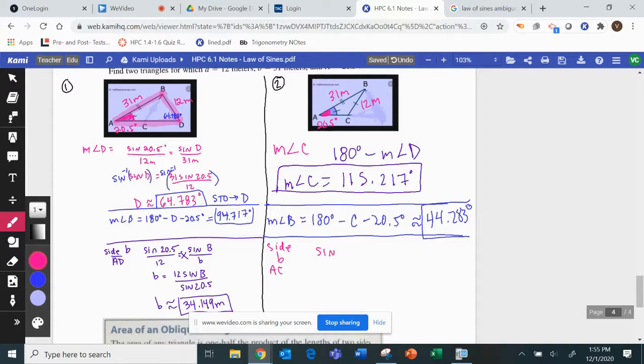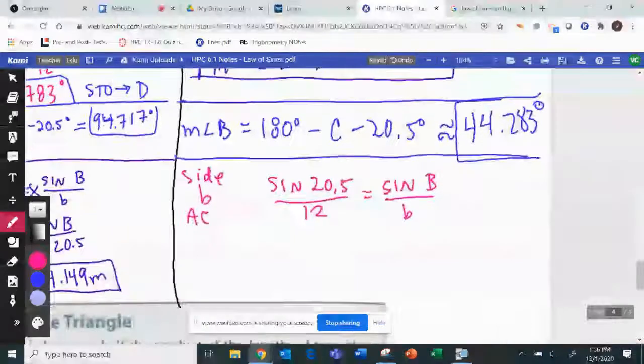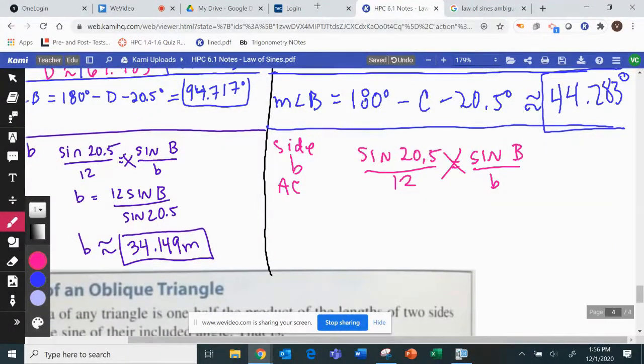It's going to be the exact same as it was right over there. Sine of 20.5 over 12 equals the sine of angle B that we just got over little b. So we'll cross multiply that.